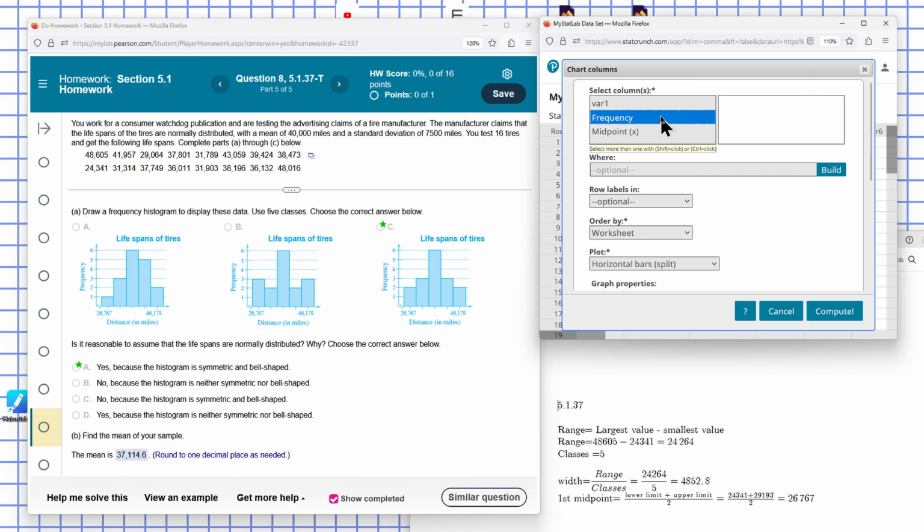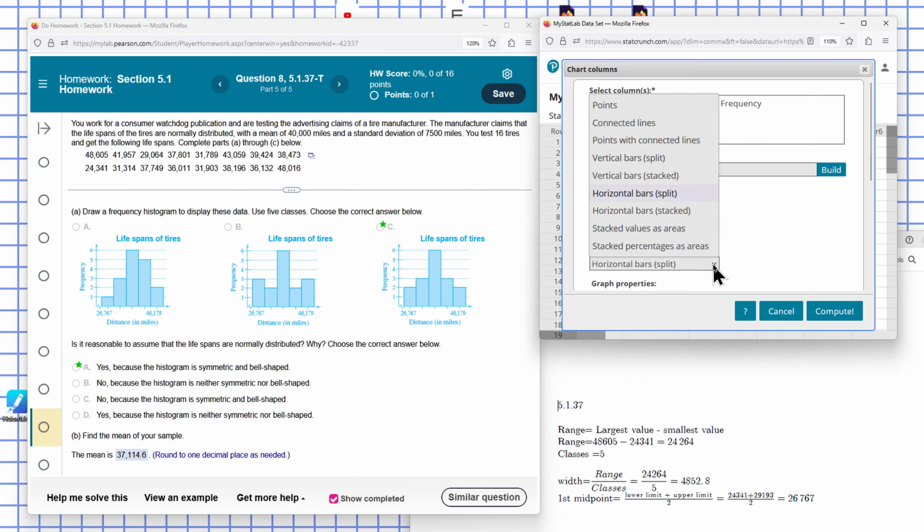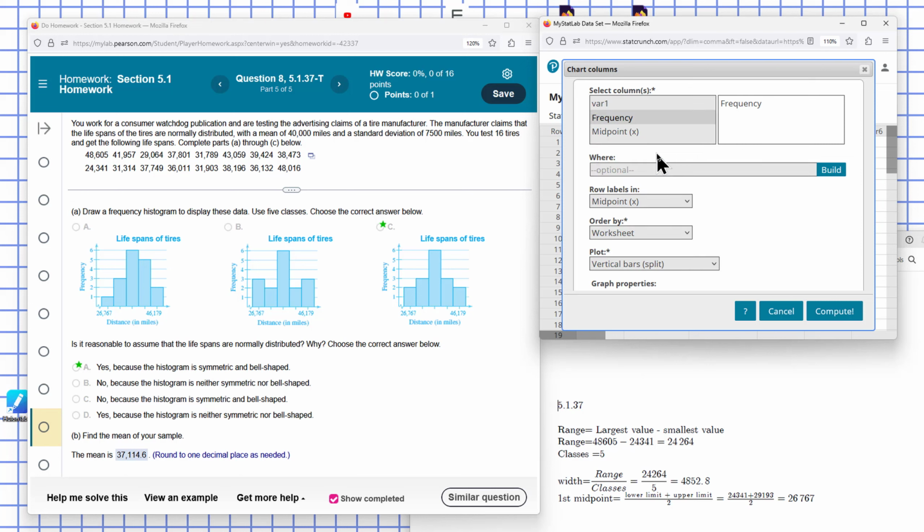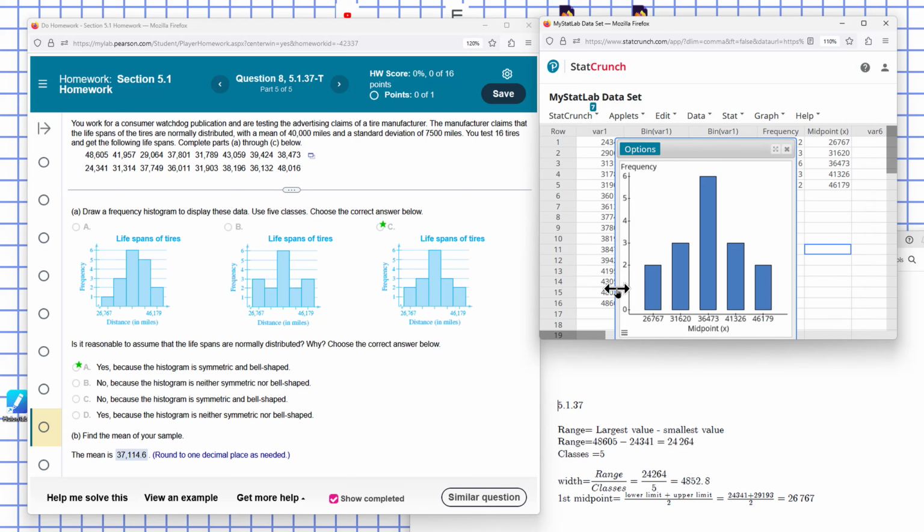And we're looking at a frequency, and the row label is going to be the midpoint. I'm going to try a vertical bar split and see what happens there. And there you can see it. There's your histogram there. So you know what it looks like.